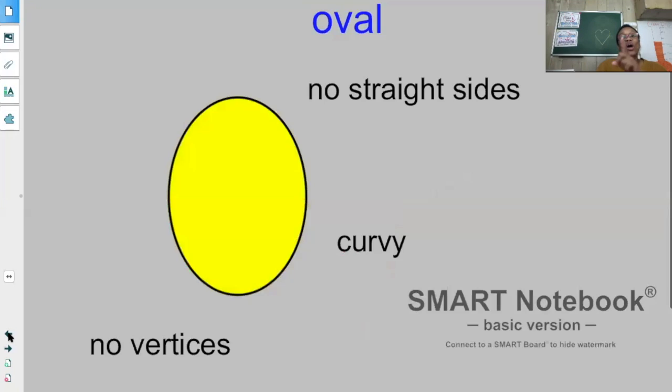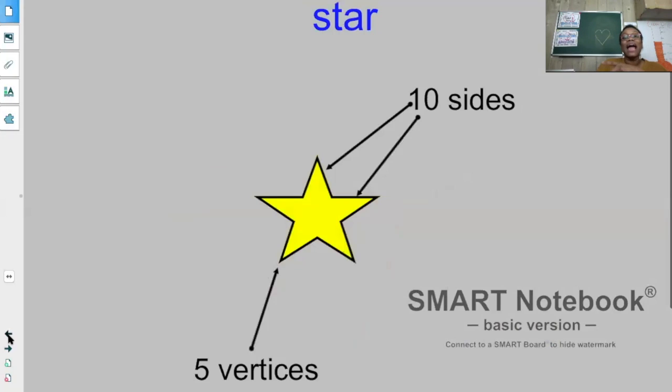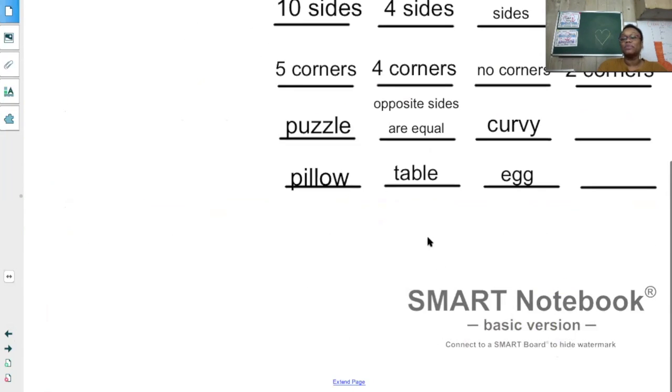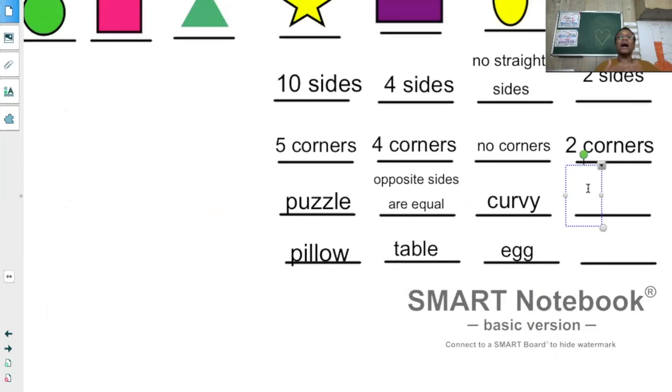So what I want you to do is add one item that I mentioned that was heart-shaped. So I'm going to add two of my items, but remember, the one underneath two corners is one that you found. And on your last line, you're going to add one item that I mentioned, okay?